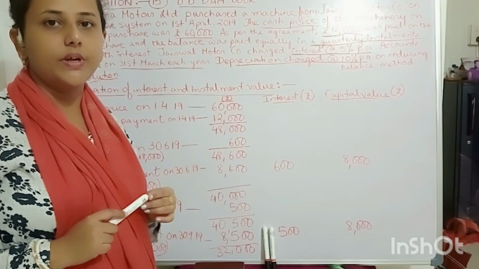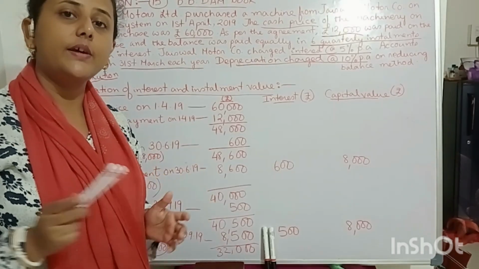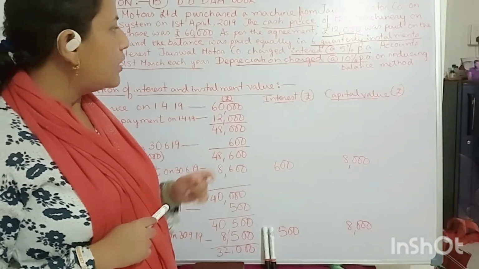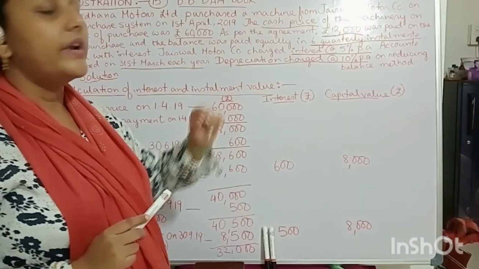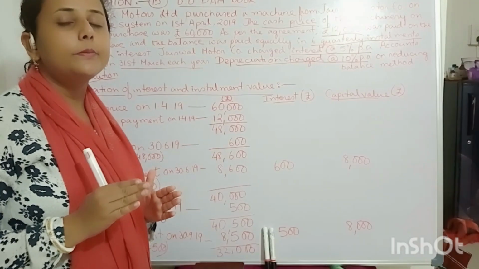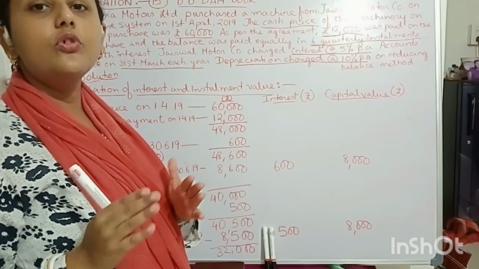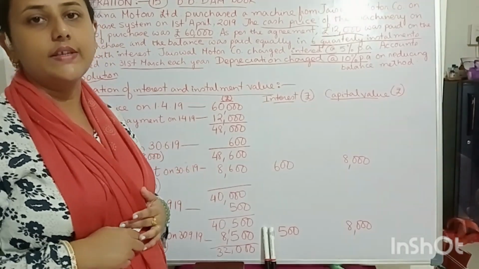That is the portion of cash price. Now with that you have to add the amount of interest. But here the amount of interest is not given, only the rate is given. So you have to add the amount of interest along with the portion of cash price of the asset.